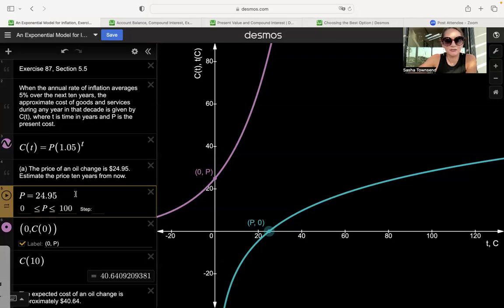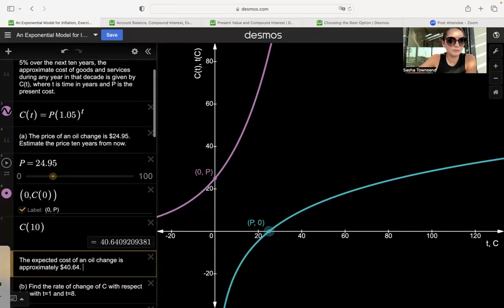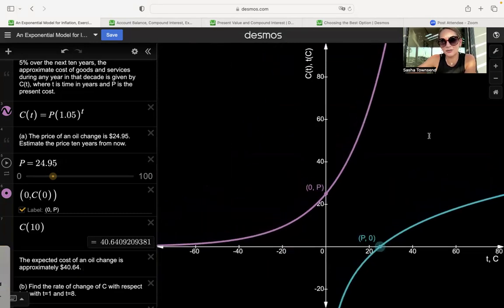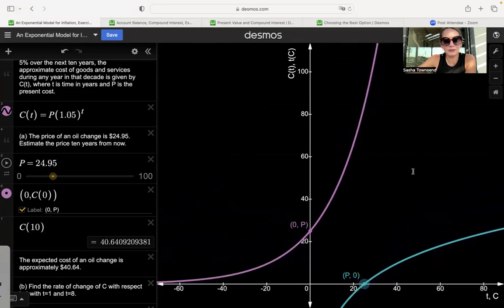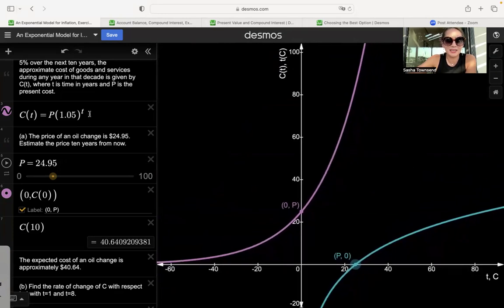So I've got a slider here for my p-value, and we've actually graphed the function c of t. So c of t is this function right here. It looks just like a traditional exponential function. That's exactly what you would expect. But the base is 1.05, and then we're multiplying by this extra factor of p, which is the present cost of your product. So we can see we evaluate this function at t equals 0.